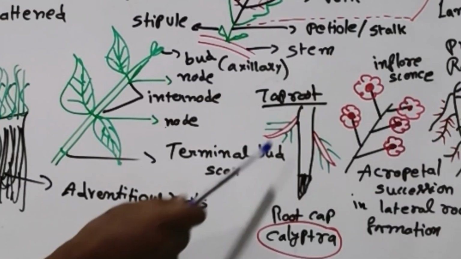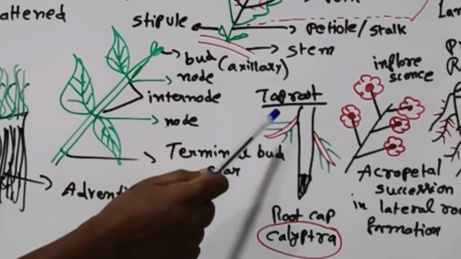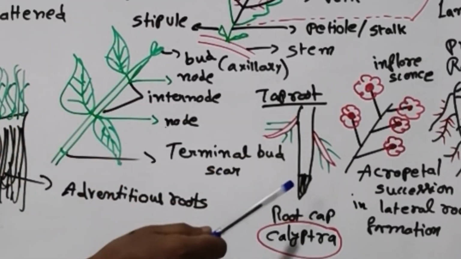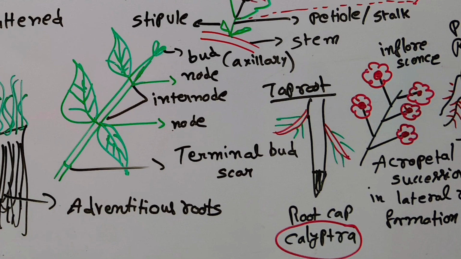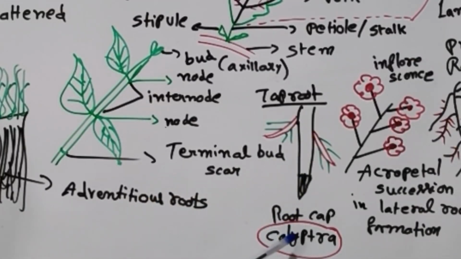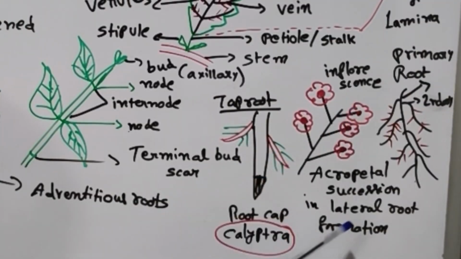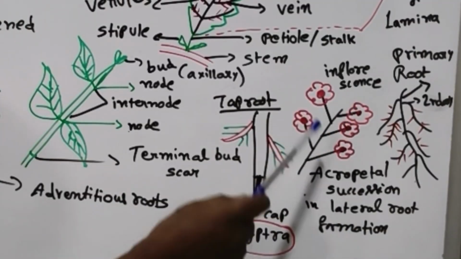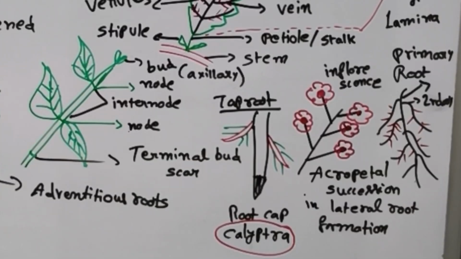If you observe a taproot in a dicot plant, it shows primary roots and secondary roots and tertiary roots. Okay, so this taproot shows a root cap known as calyptra.